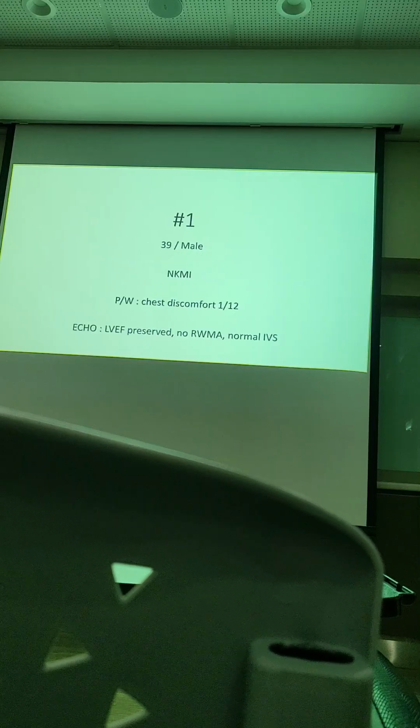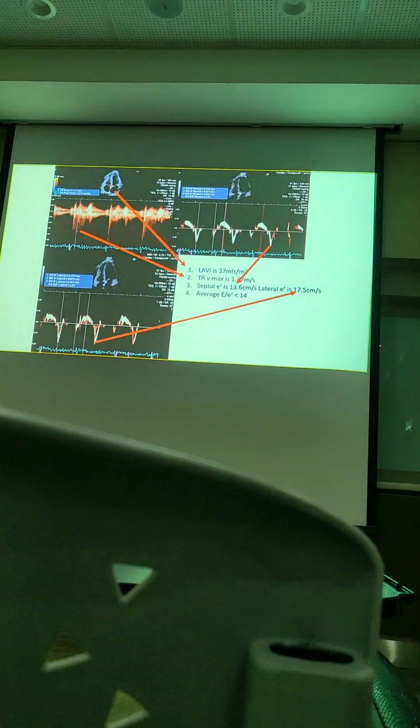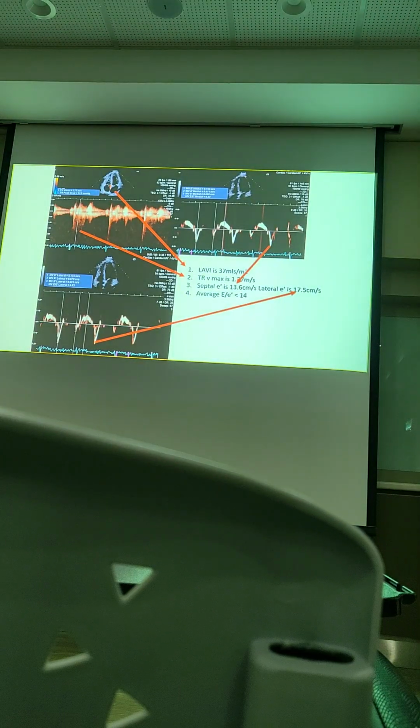Okay, the first case, 39 years old male, no comorbid, chest discomfort, 1 month, echo, semua okay. Which algorithm you guys use? 1. Okay. Ni nombor dah ada dah. Mana yang tak normal? Ada nombor tak? Sorry, ada tak yang tak normal? LAVI. Kan? LAVI, yes.